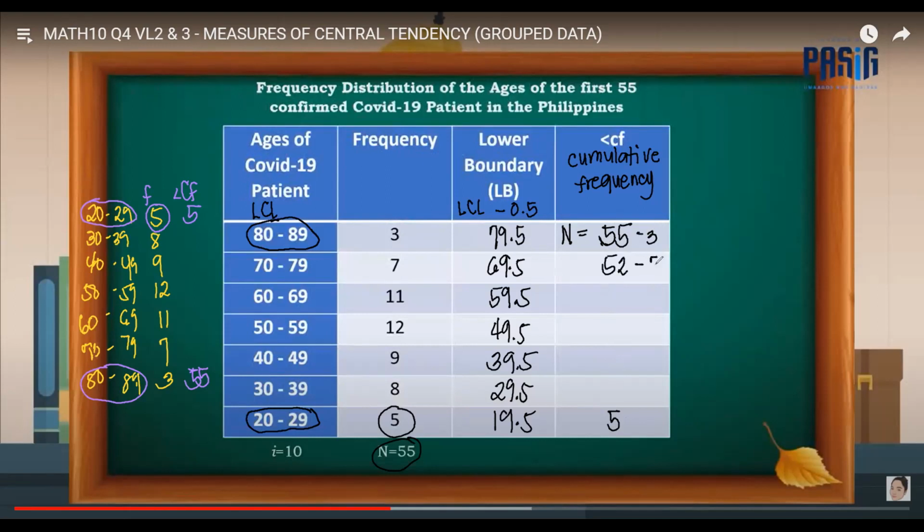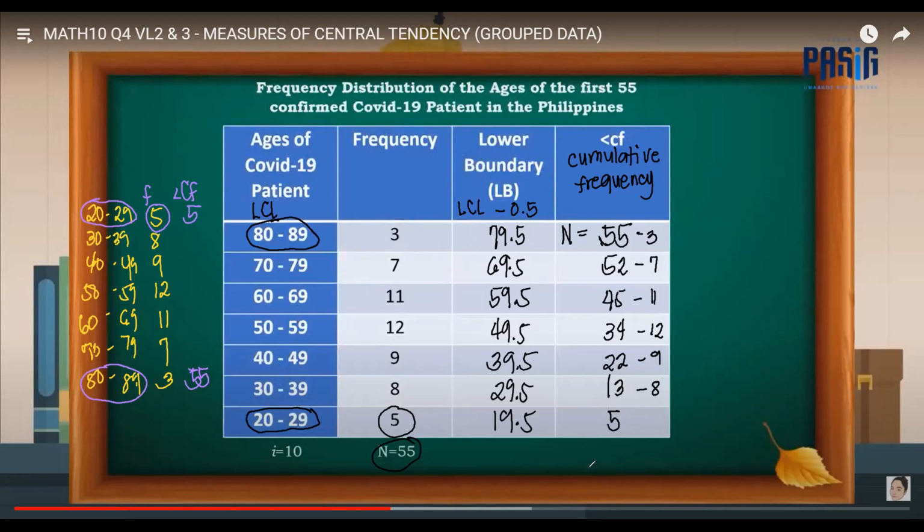Minus yung frequency niya ulit 7, this is 45. Minus tayo ng 11, that is 34. Minus 12, that is 22. Minus 9, that gives us 13. Minus 8, it will give us 5.